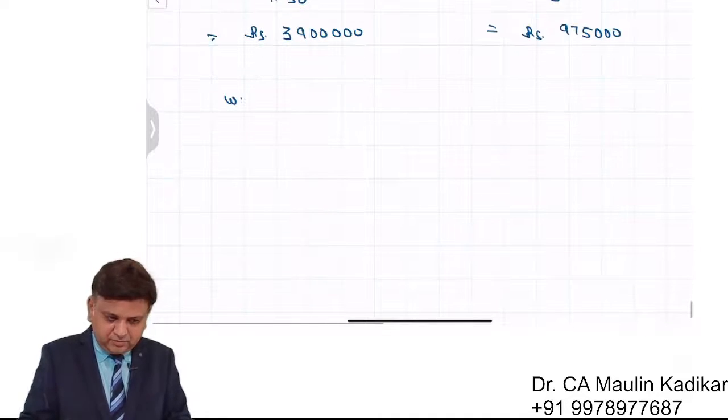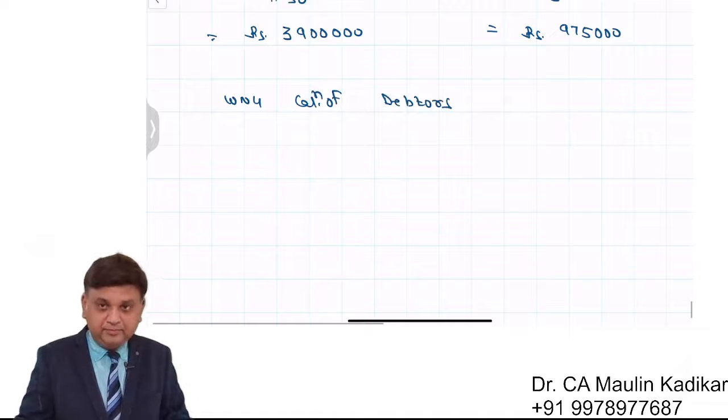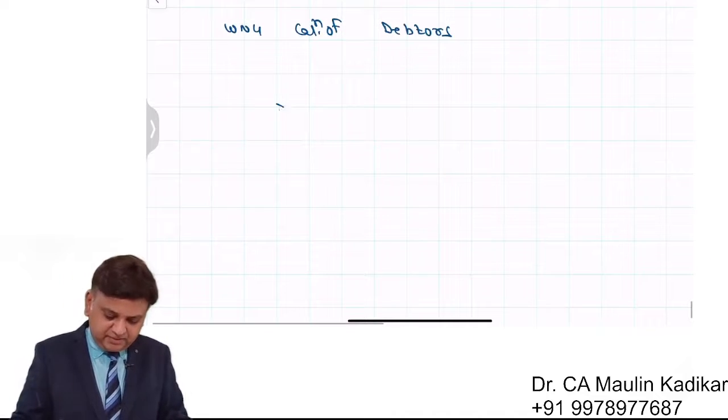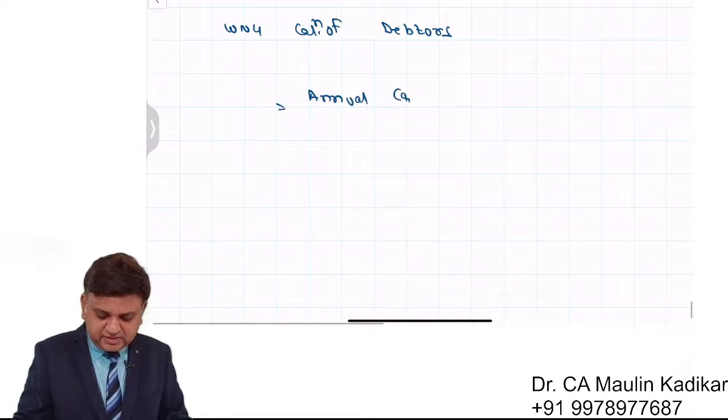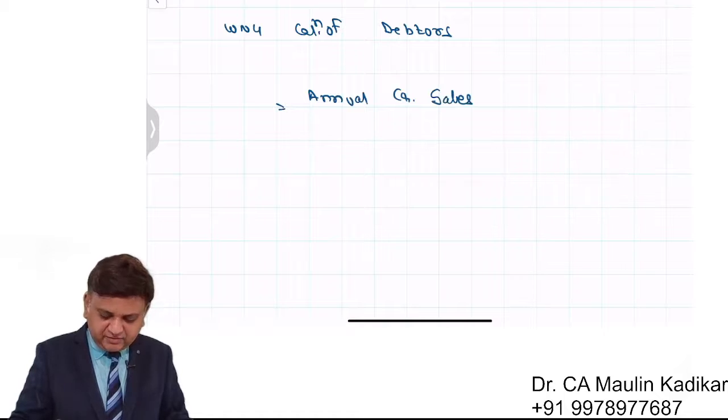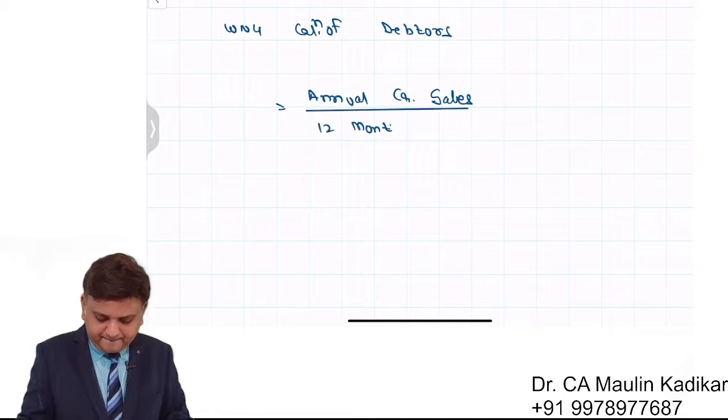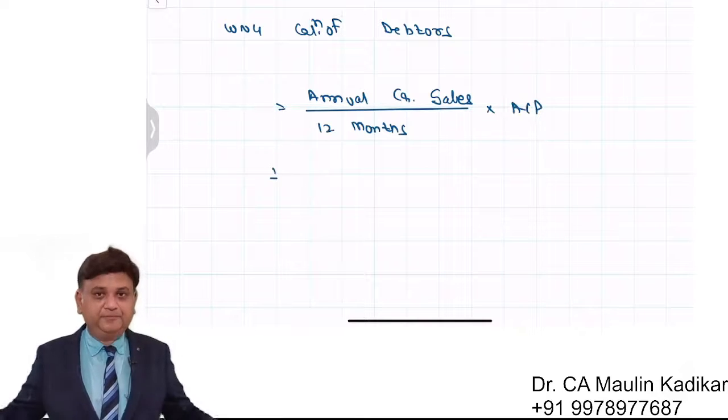Working note number 4. Calculation of debtors. In that we understand annual credit sales divided by 12 months into average collection period.